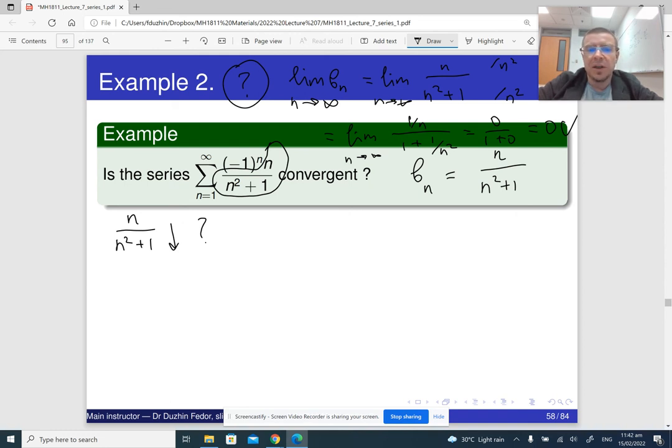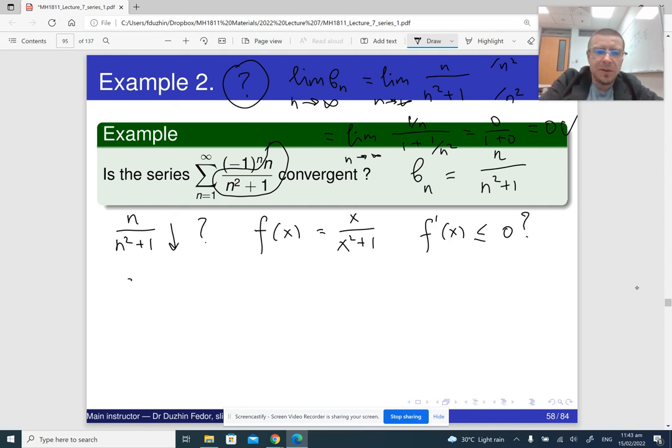But maybe the most straightforward method is to use a fitting function: write f of x, basically replacing n with x, then differentiate and check that the derivative is negative. So f of x is x over x squared plus 1. We can check that f prime of x is negative. Is it true? Actually it is true.